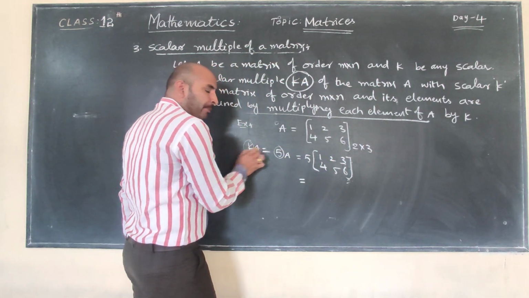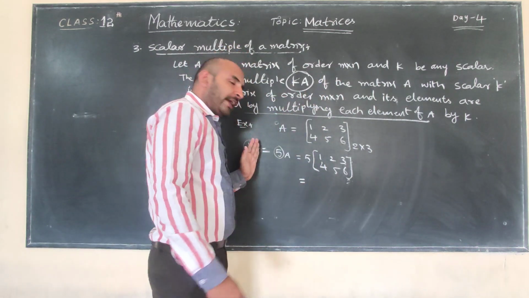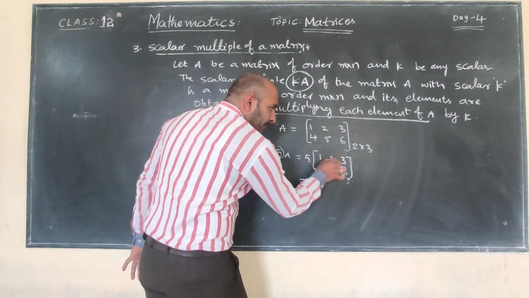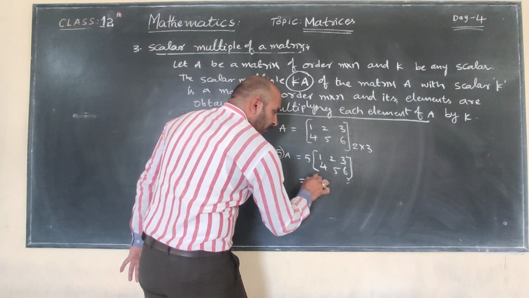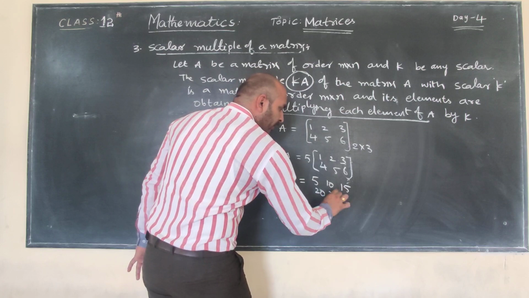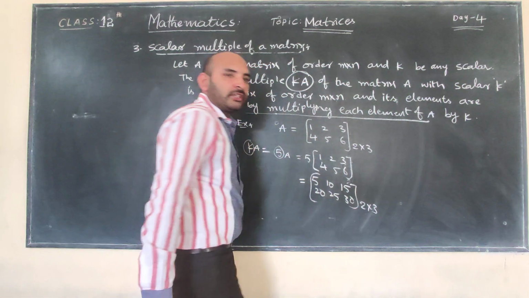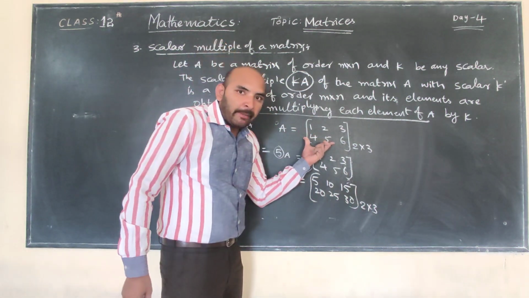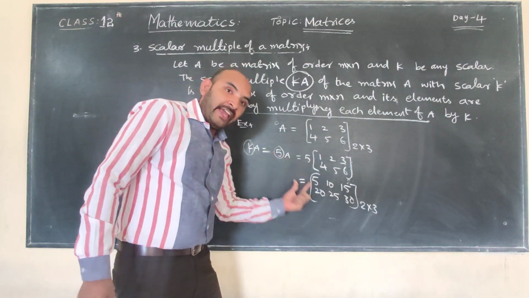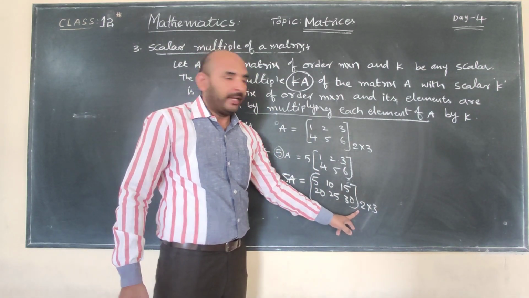In place of K, you can take 1, 2, 3, 4, 5 and so on, and negative values like minus 1, minus 2, minus 3 and so on. Multiply each and every element with 5. So 5 ones are 5, 5 twos are 10, 5 threes are 15, 5 fours are 20, 5 fives are 25, 5 sixes are 30. The order is 2 cross 3, 2 rows and 3 columns. Remember, it is also a matrix. A is the given matrix, 2 cross 3, and at the same time 5A is also a matrix with the same order, 2 cross 3.